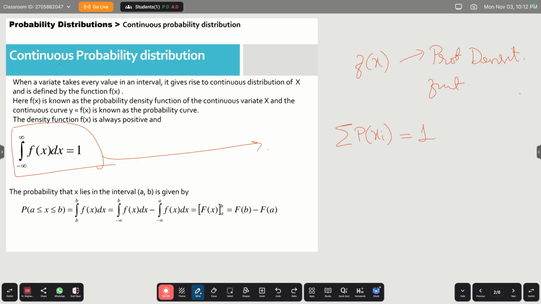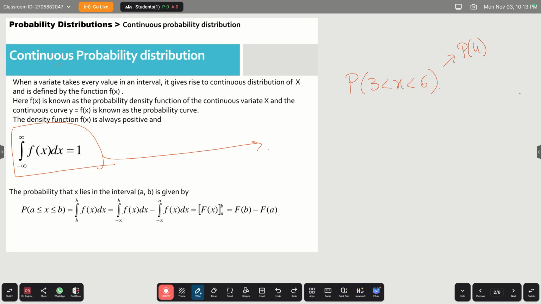Now the question, how to evaluate the probabilities? Say for example, I have a random variable x and I want to find the probability that x lies between 3 and 6. In case of discrete random variable, we would have added p of 4 plus p of 5 if 4 and 5 are the values that x takes.